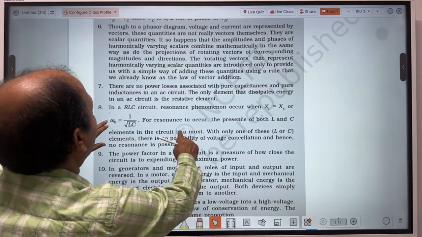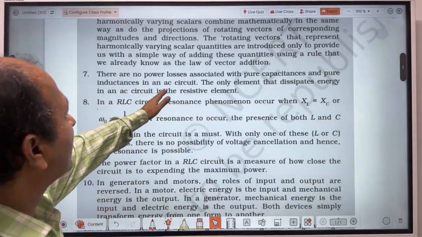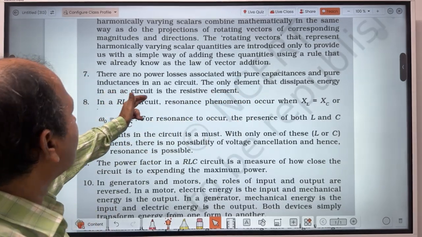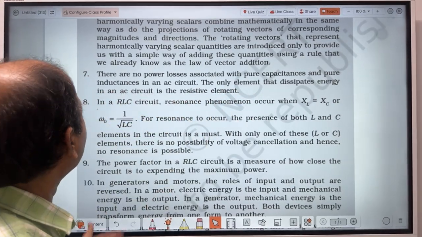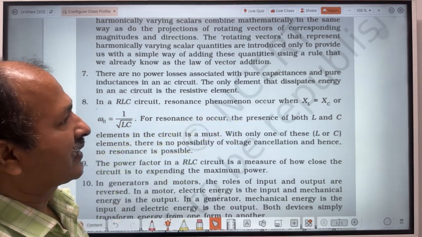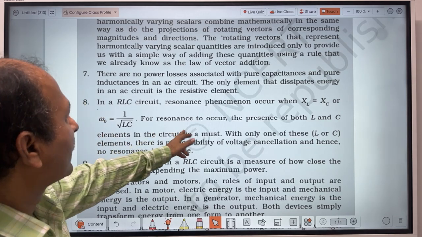And then there are no power losses associated with pure capacitances and pure inductances in an AC circuit. The only element that dissipates energy in an AC circuit is the resistive element. Then in an RLC circuit, resonance phenomena occurs when XL equals XC, or omega 0 becomes 1 upon root LC.